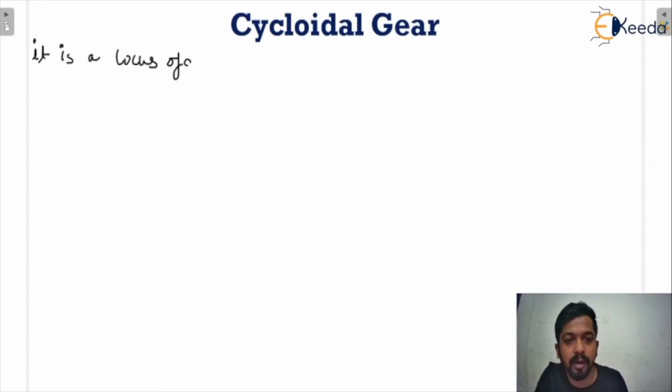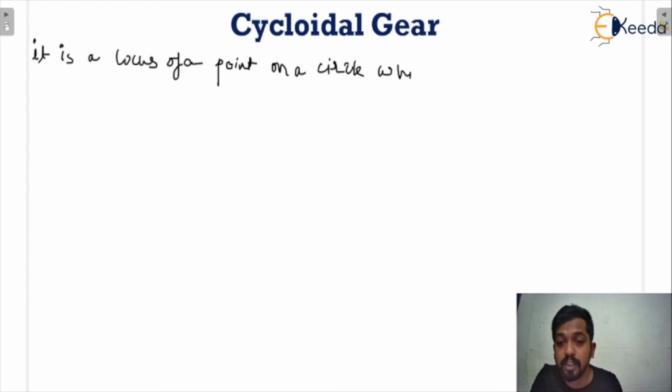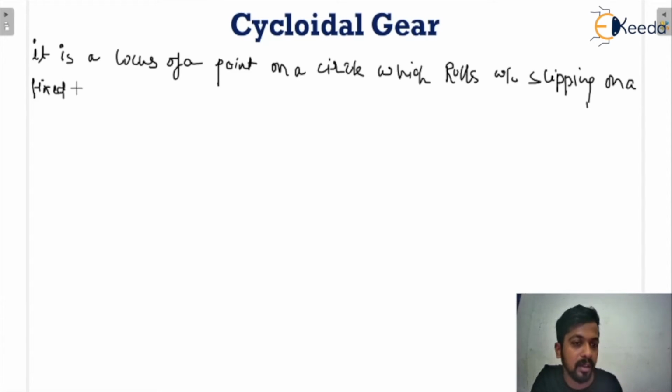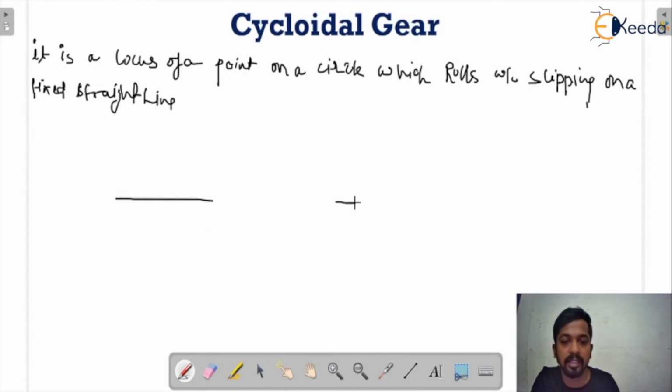So the cycloidal gear is somehow different from the involute gear. See how it is different: it is a locus of a point on a circle which rolls without slipping on a fixed straight line. Okay, on a fixed straight line.